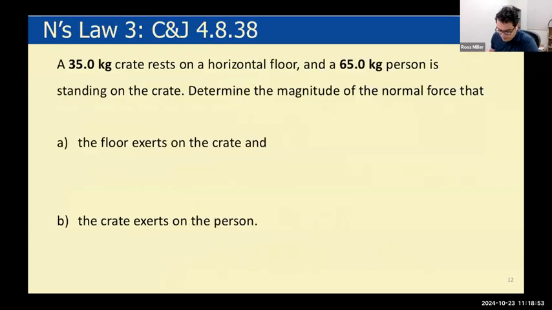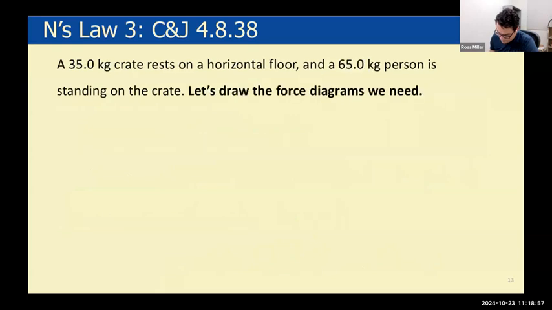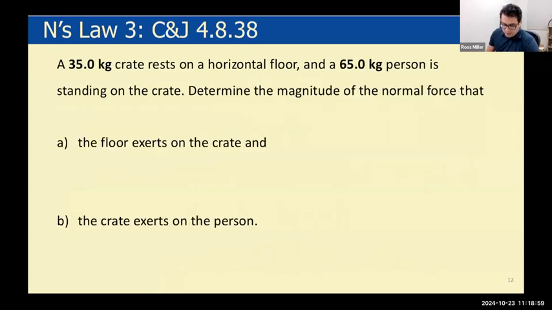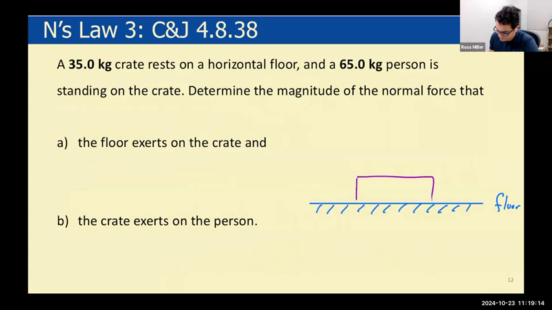Okay, and then let's do this question. I think it'll help with Newton's third law. So there's a horizontal floor. There's some sort of crate.